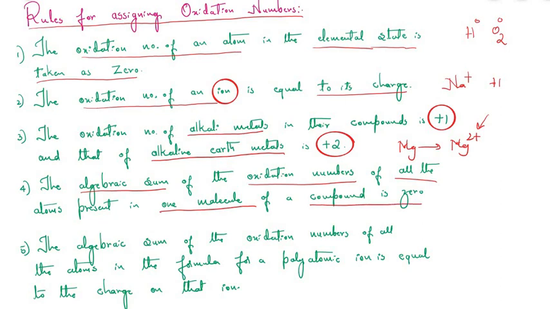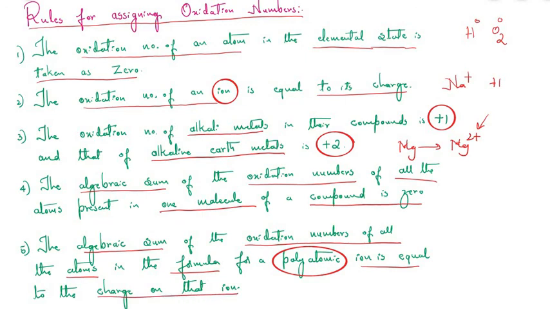We are going to study this with a typical example, then only will you understand. And similarly the last one: the algebraic sum of the oxidation numbers of all the atoms in the formula of a polyatomic ion is equal to the charge on that ion. Right? We have some examples so that it will be very clear for you.